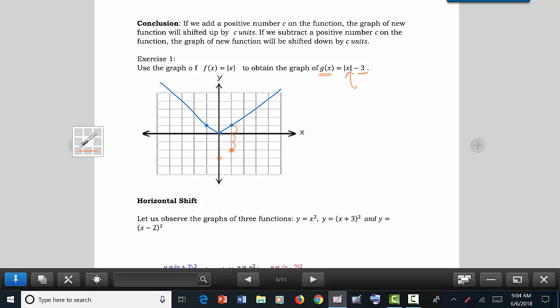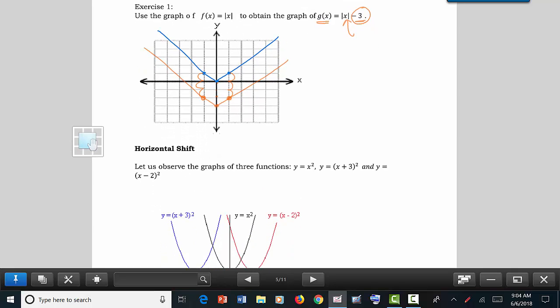And the point on the left will also go 3 units down: 1, 2, 3. So we get 3 points. Let's simply join the graph by straight lines. That is the graph of g of x. So the impact of this negative 3 is it will pull down everything by 3 units.